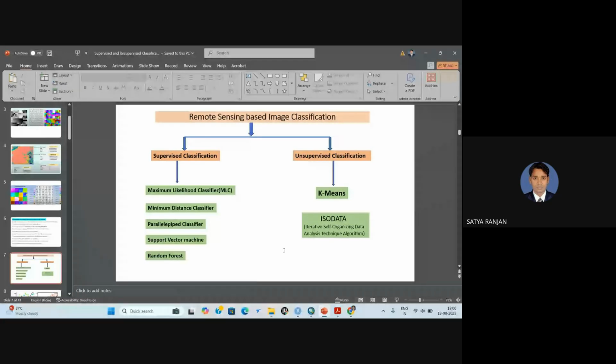So what is supervised and unsupervised? In supervised classification, we have to give some training data, some sample data. Suppose in a district there are thousands of lakes and hundreds of forest areas. We have to calculate all these with supervised classification.